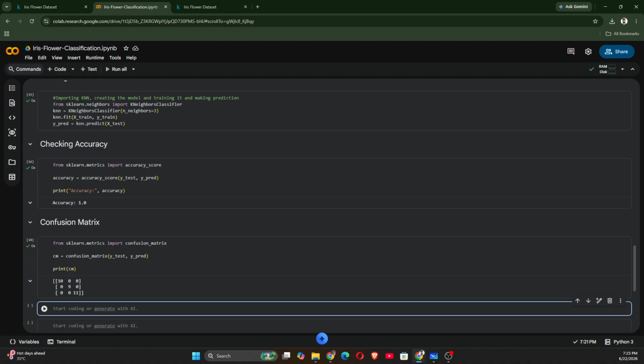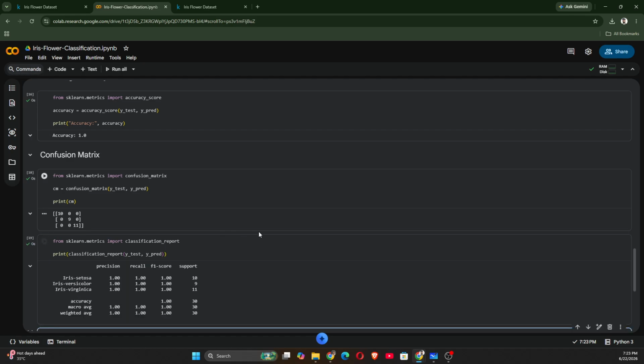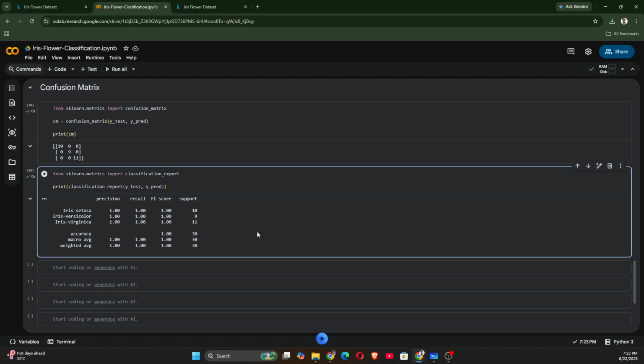Now we will make the classification report. There are many terminologies over here, and I guess you are very confused about what support, F1 score, recall, precision and all that are. The classification report is basically the final report which we make of the model.